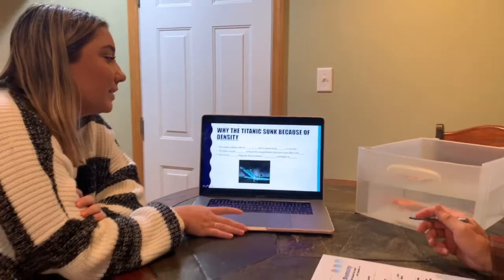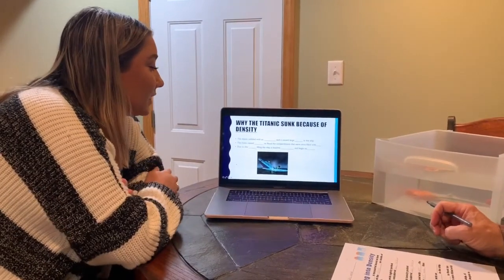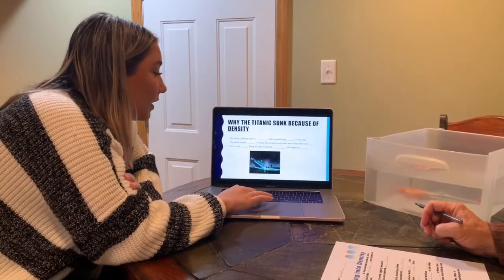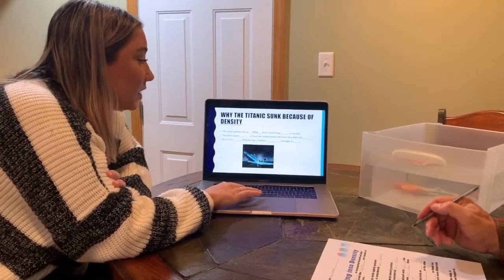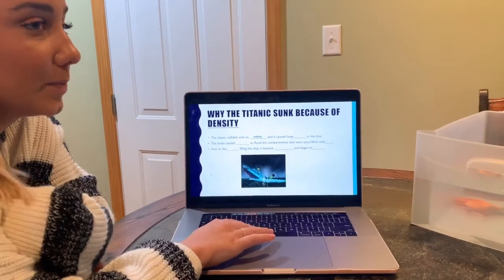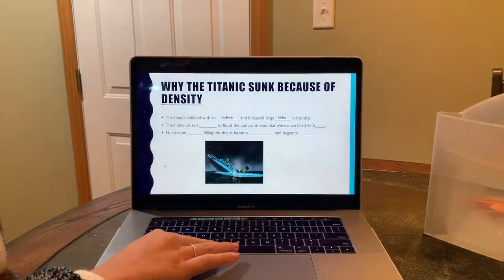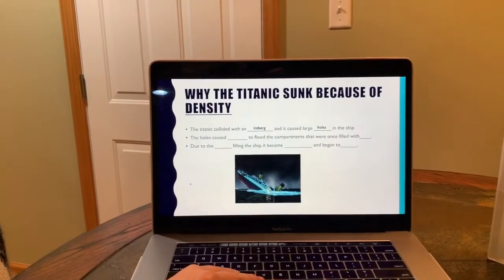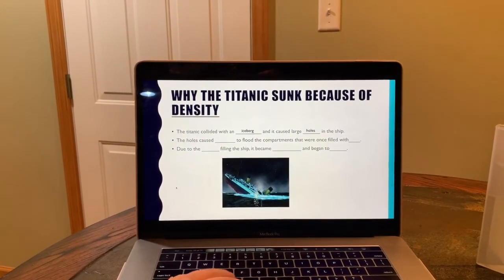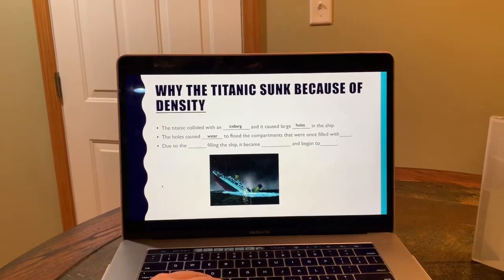So why did the Titanic sink? Because of density. The Titanic collided with an iceberg and it caused large holes in the ship. Good job. These holes caused water to flood the compartments that were once filled with air.